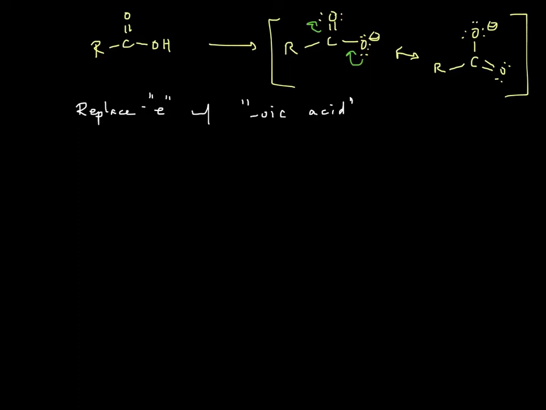So for instance, if you had a 4-carbon carboxylic acid, and don't forget to count the carbon that is in the carboxylic acid, this would be 1, 2, 3, 4. So again, the total number of carbons. This guy would be a butane chain, so instead of being butane, it will be butanoic acid. So butanoic acid is the name of this guy.